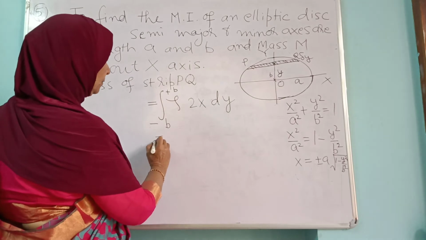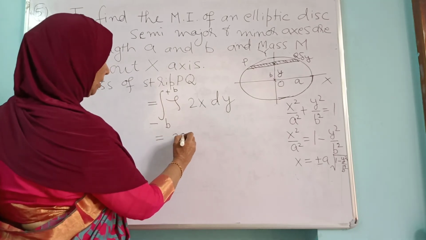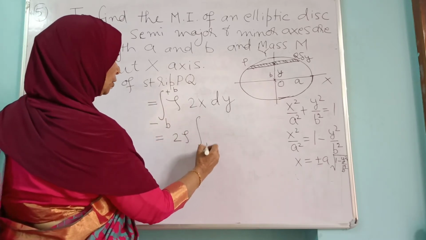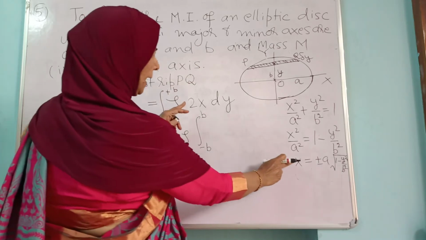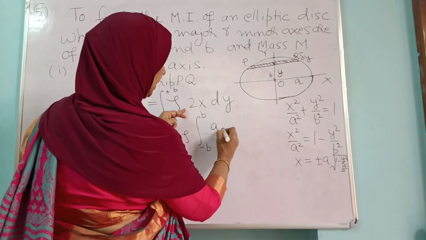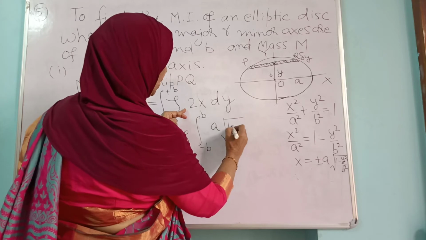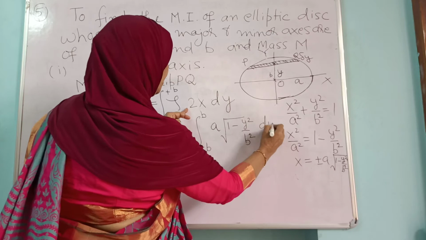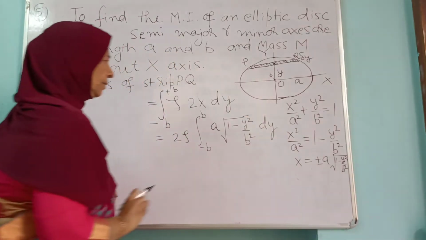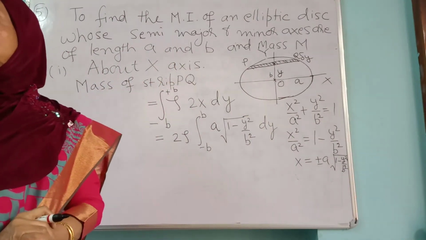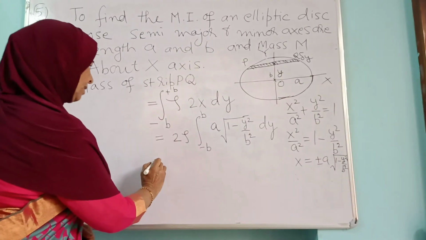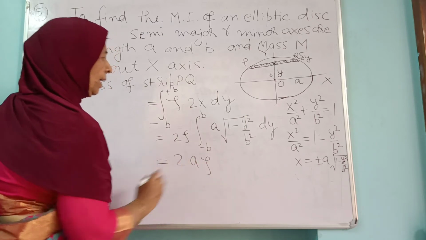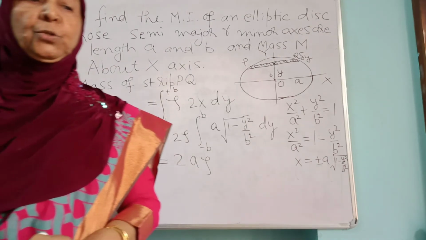So it will become 2 rho, which can be taken outside, integral from minus b to plus b, and then x, that is again a under root 1 minus y square by b square, and then dy. Now this integral you can do how? 2a rho, and make a substitution.